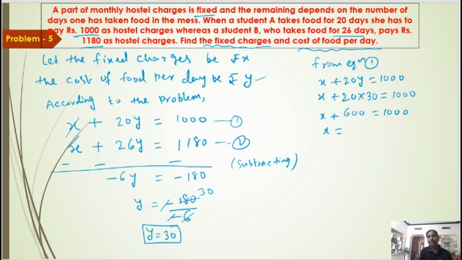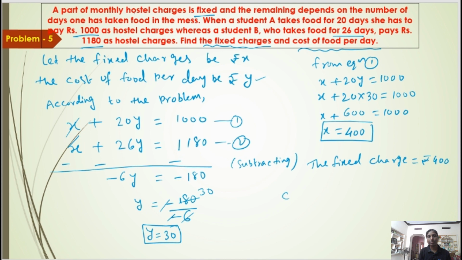So x is equal to 1000 minus 600, that is 400. But what is x here? Actually x is the fixed charge. So the fixed charge is equal to rupees 400.